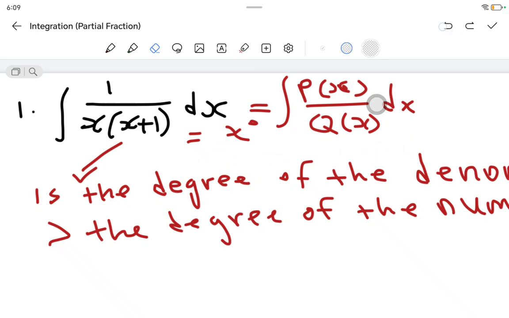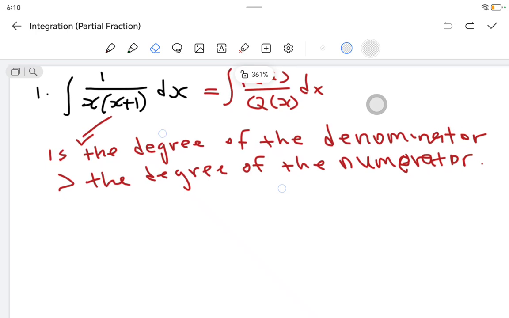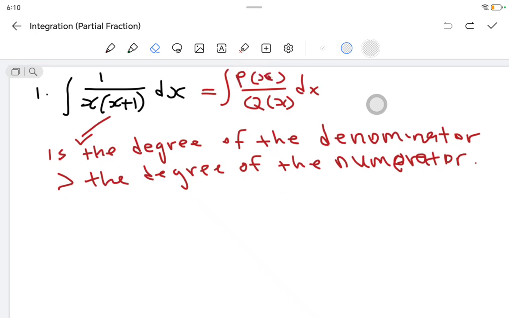So now I'm going to decompose this function. When you decompose it, you're going to take your p of x over q of x. Our p of x over q of x in this case is just 1 over x plus 1. You see, right?